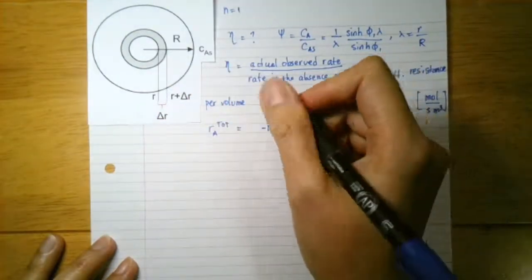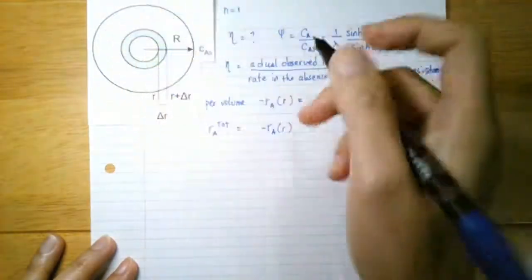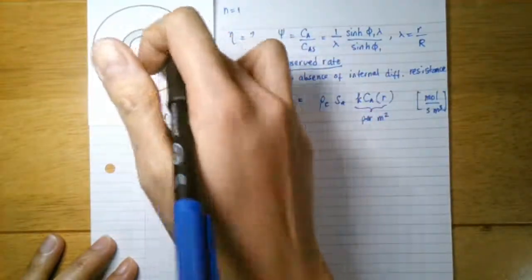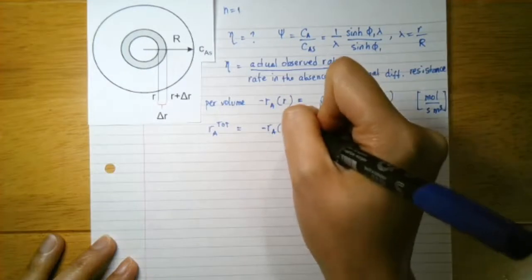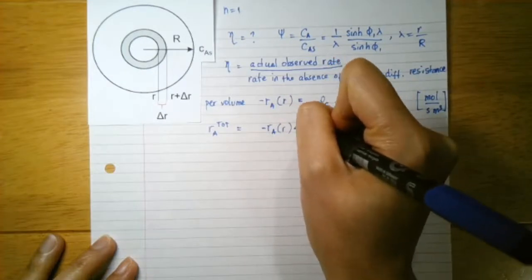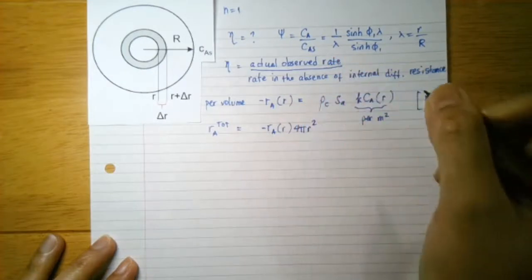The surface area of the control volume for a spherical shell is 4 pi r squared.